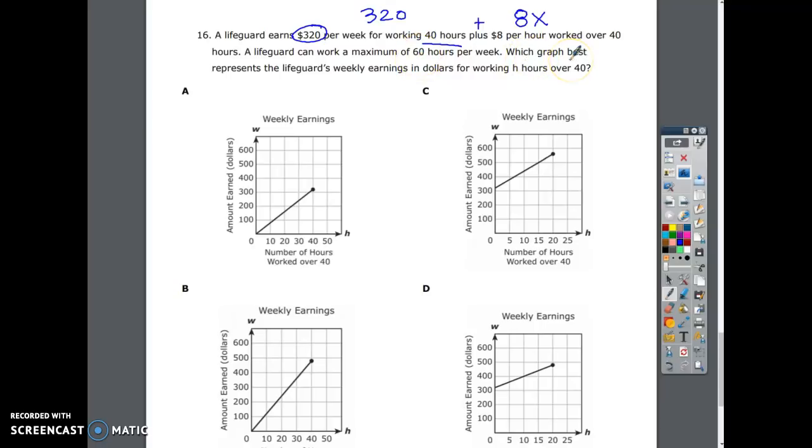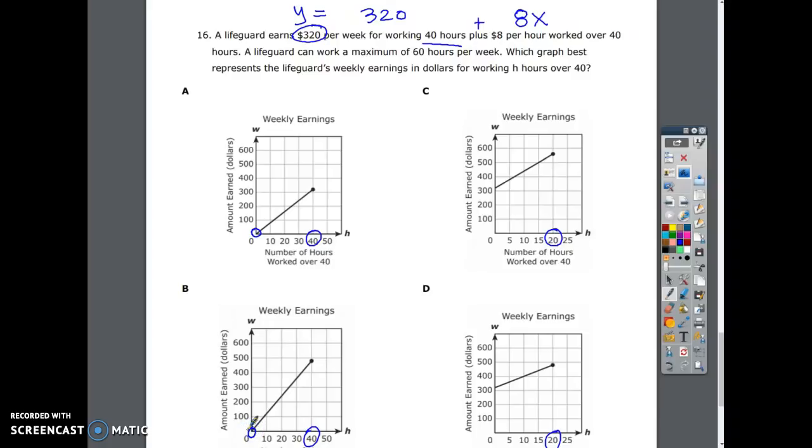Which graph best represents the lifeguard's weekly earnings in dollars for working 8 hours over the 40 hours? So that's Y equals 320 plus 8x, okay? And I cannot go over 20 hours of overtime. And I started with already $320, not $0.